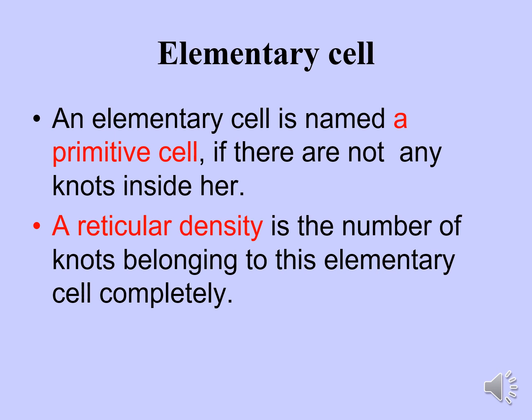An elementary cell is named a primitive cell if there are no nodes inside it. A very important parameter of the elementary cell is the reticular density. The reticular density is the number of nodes belonging to this elementary cell completely.